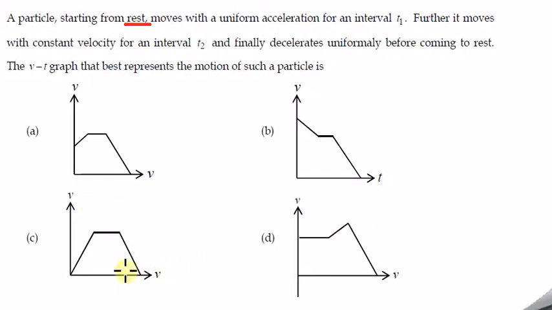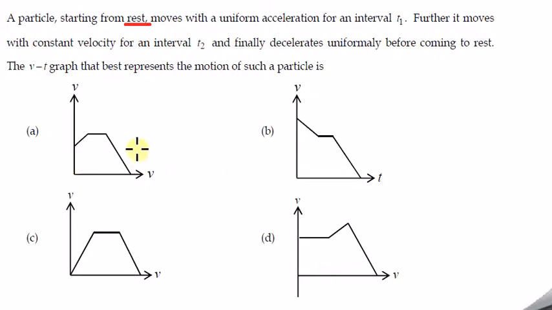From rest means, with respect to the graph, you have to check which graphs are starting from the origin. The origin is where the x and y axes meet. With this only you will be able to solve this question within a second.